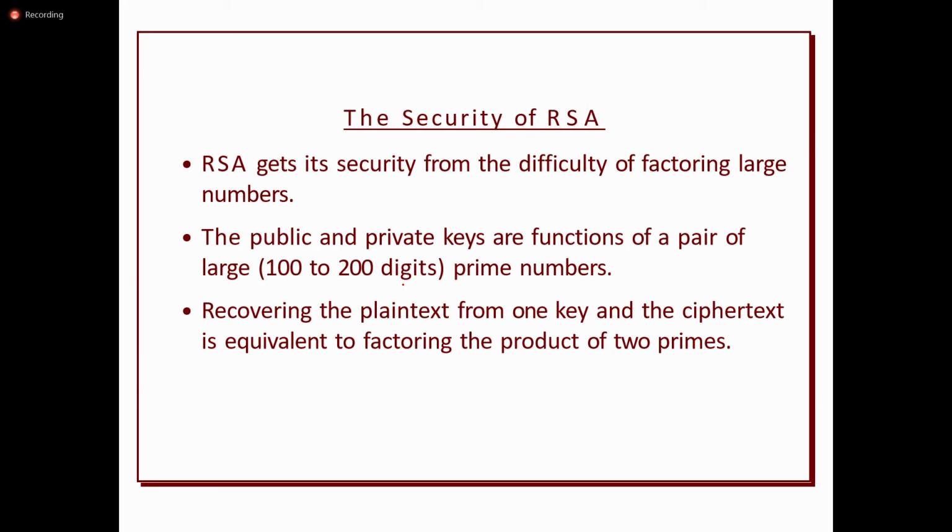The security of RSA all depends on the prime numbers chosen by the receiver. The prime numbers should be large, and factorization should be difficult, so that the opponent cannot determine the public key and calculate the private keys.